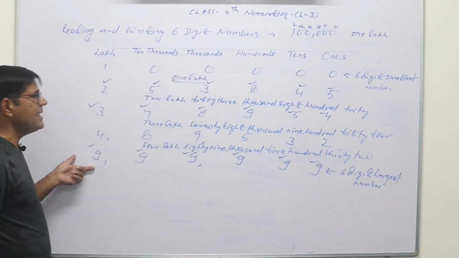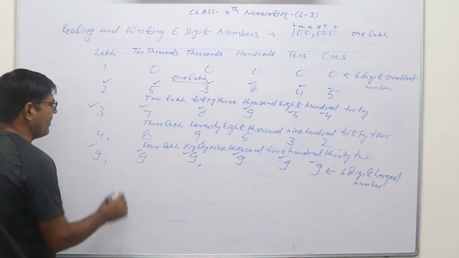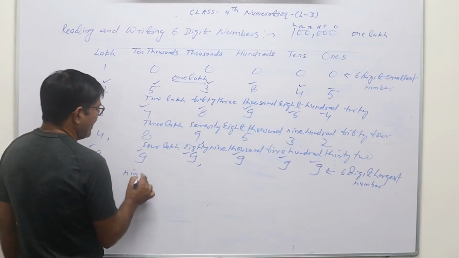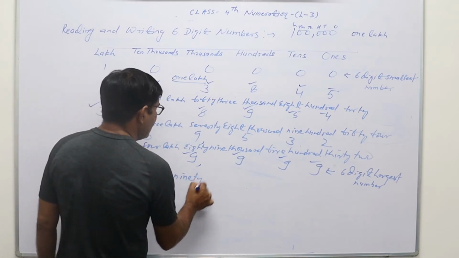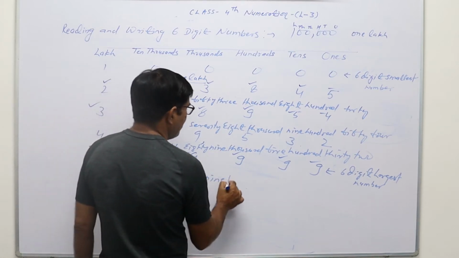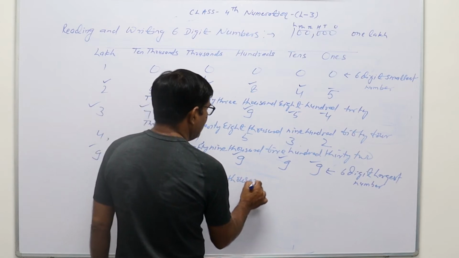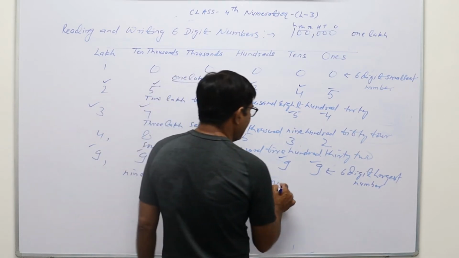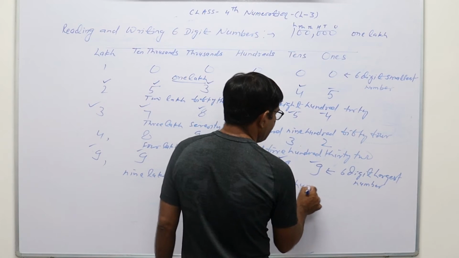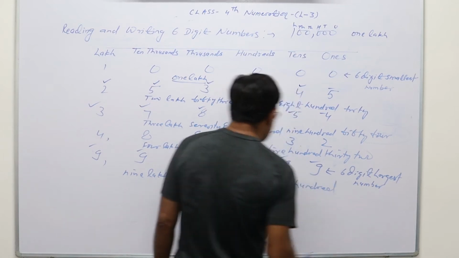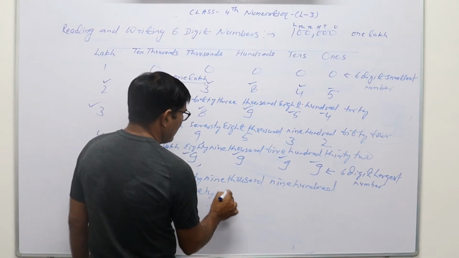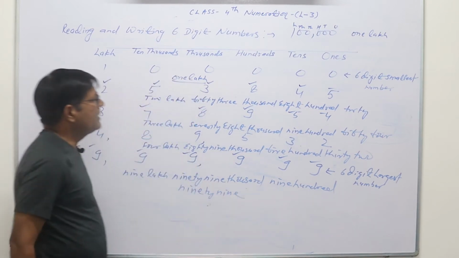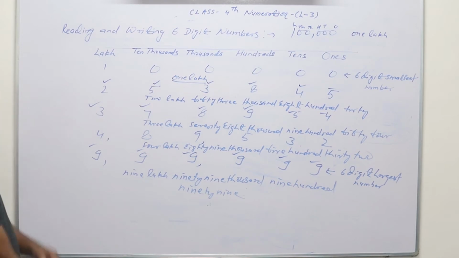So this is the 6-digit largest number. So these were the 6-digit numbers and their reading.